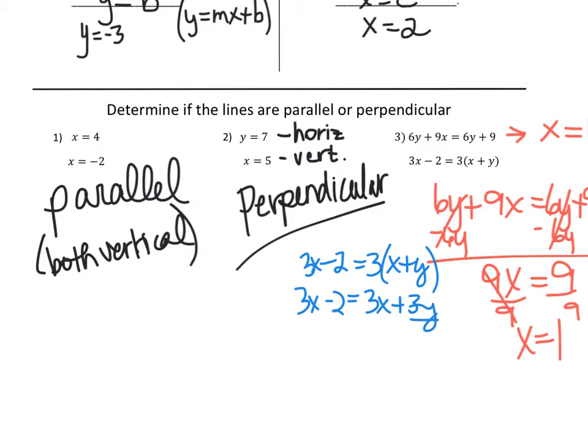Because that's what we think of when we're doing this, right? We're solving for y. So since there's only y on this side of the equation, we'll just bring it all over here. So I have minus 3x, minus 3x. So those cancel, so I end up with negative 2 equals 3y. Then we'll divide by 3. And we have y equals negative 2 over 3.